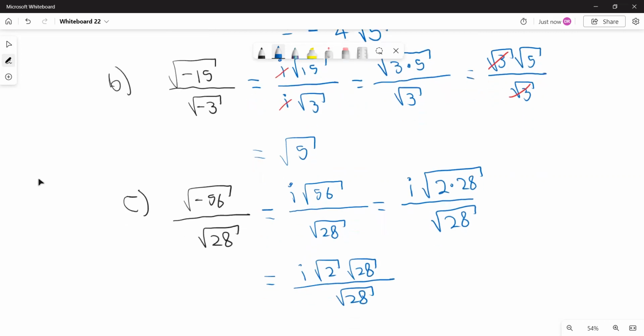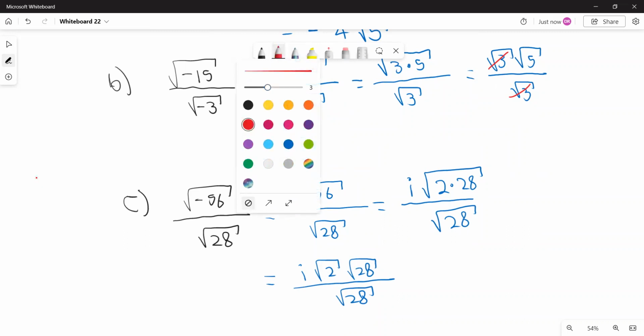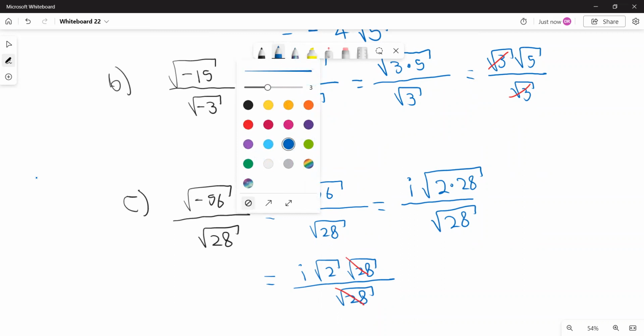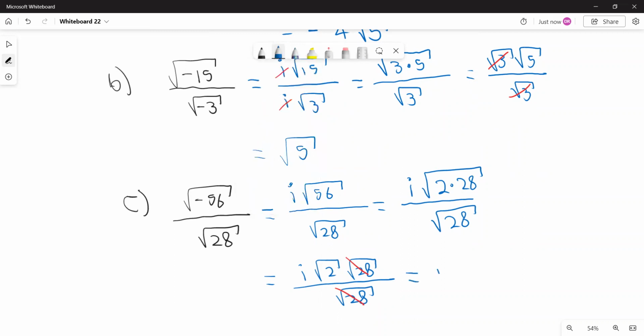And finally, the answer is going to be i times the square root of 2, or the square root of 2 times i. The multiplication is still commutative with complex numbers. I'm just going to keep it like that so you don't get the impression that i is inside the square root, or outside, so you don't get confused.